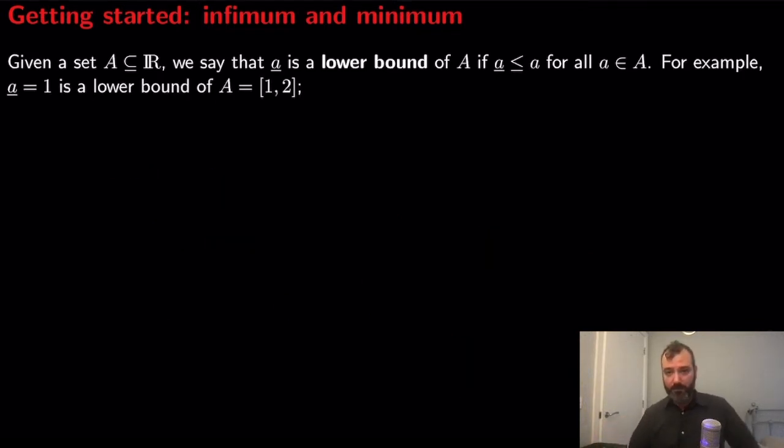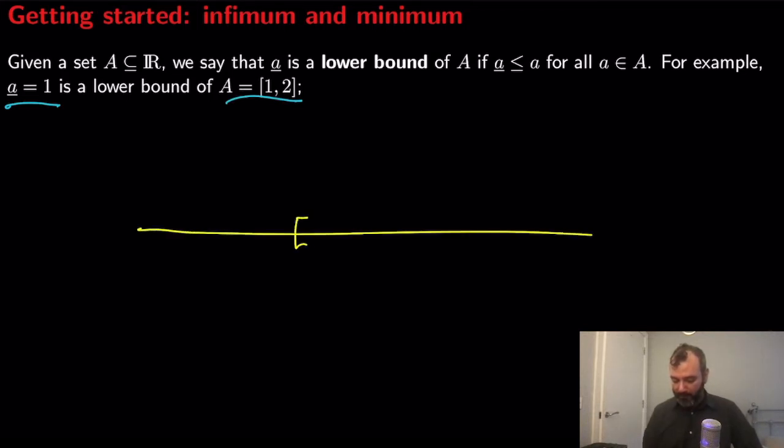A few examples. So the number 1 is a lower bound to the set from 1 to 2. Of course it is. This is the real line. This is the set from 1 to 2. And take this point A underlined to be equal to 1. Isn't 1 less than or equal to all of the numbers between 1 and 2? It is.